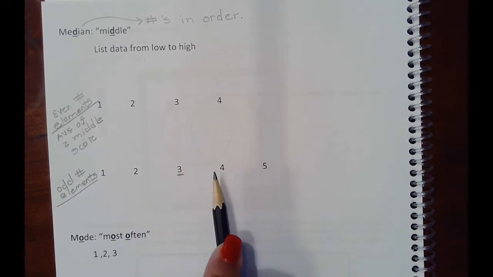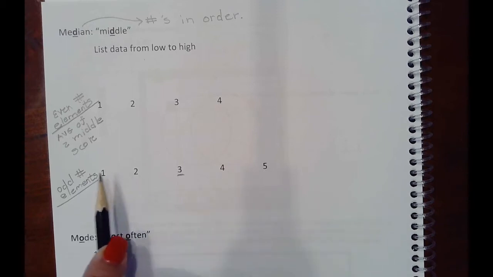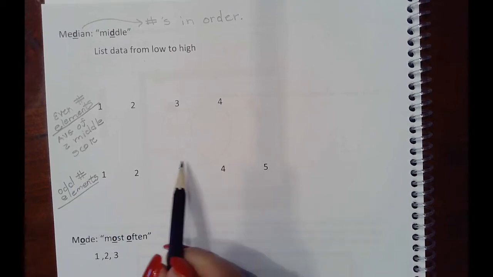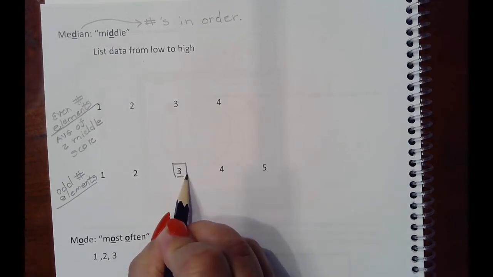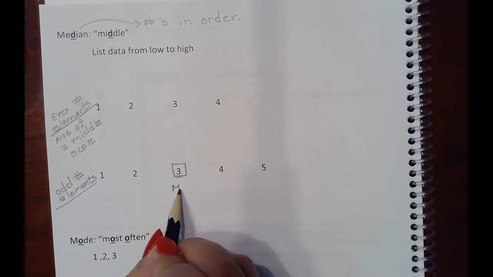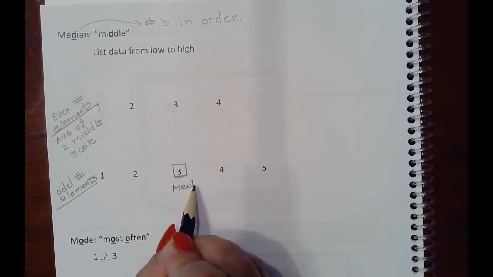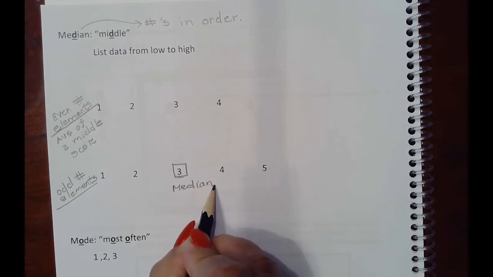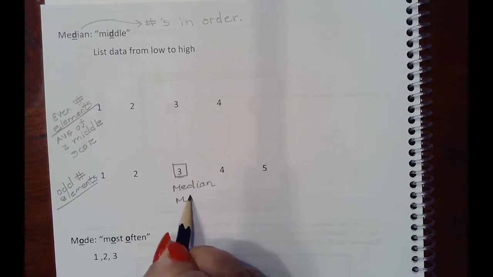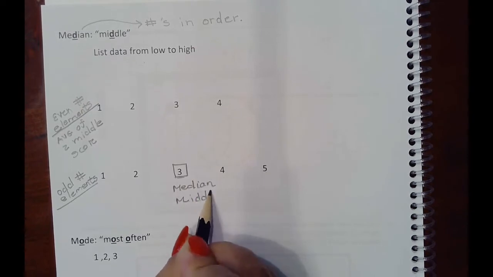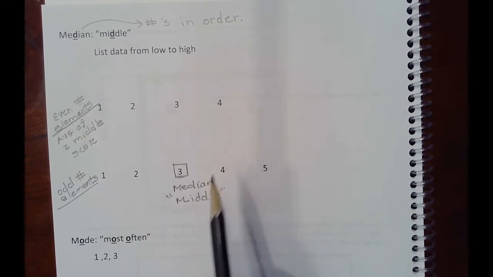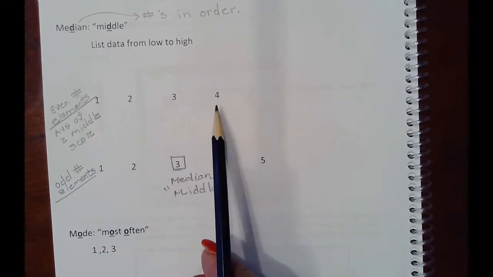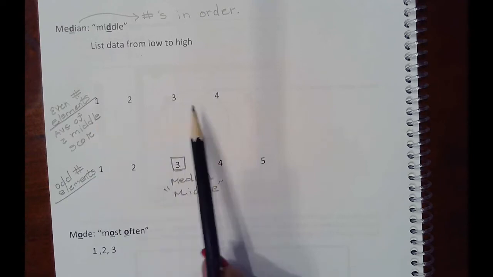Notice that there are 2 items on the right, 2 items on the left. So that is dead center in the middle, and therefore this score represents the median. Okay, again, the median score is the score that's right in the middle after the numbers have been put in order.